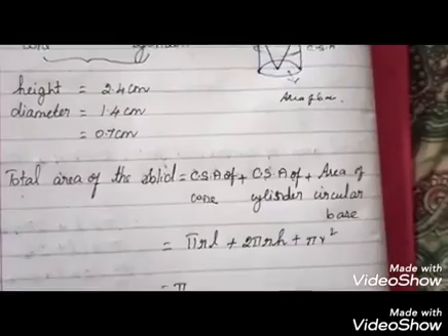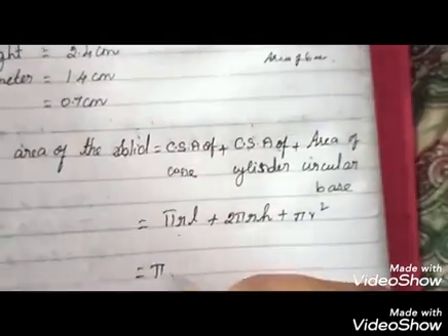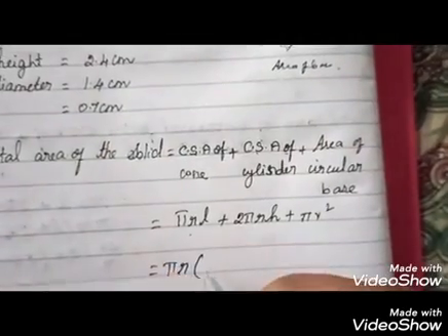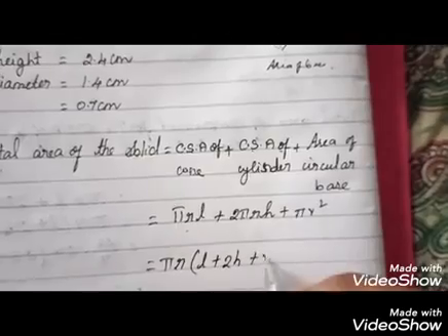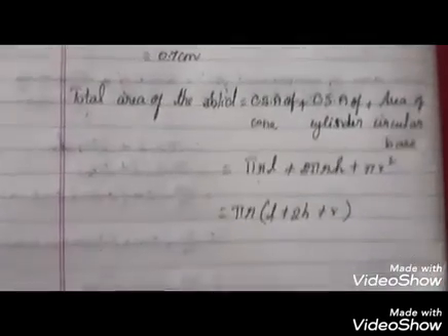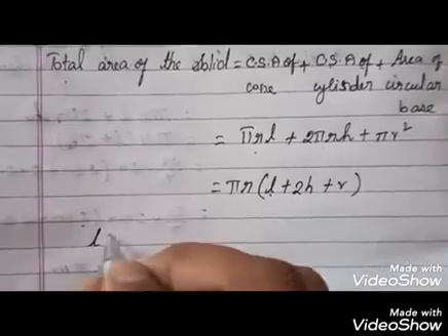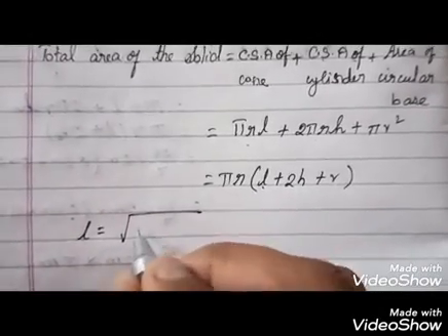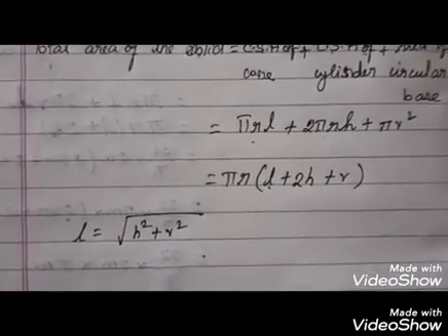Here pi is common, and radius is also common. So what remains is L plus 2h plus r. Here L equals the square root of h square plus r square.